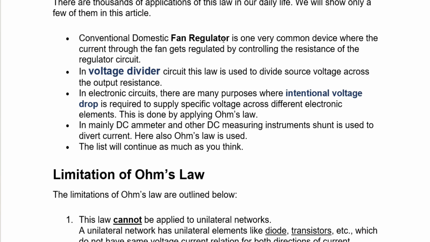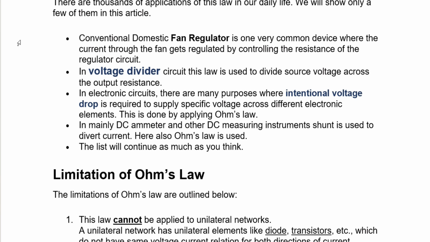Earlier, a variable resistance was put in the fan circuit, and changing the resistance changed the current through the fan, and that regulated the speed of the fan.